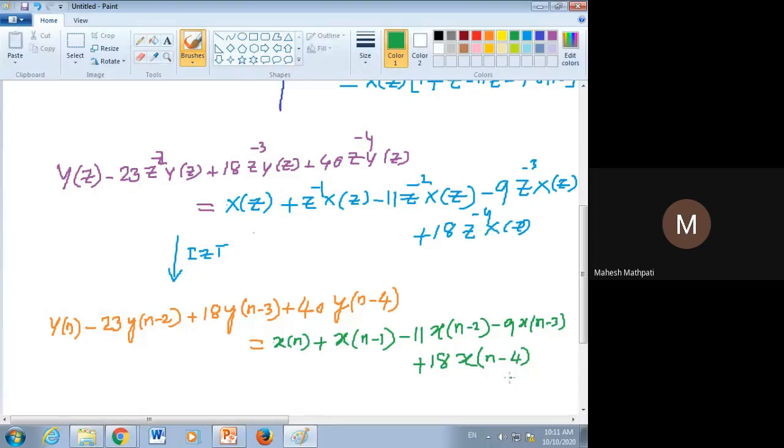Let us call it equation 1. Now hope you can realize this in direct form 1 and direct form 2. Can you do it now?